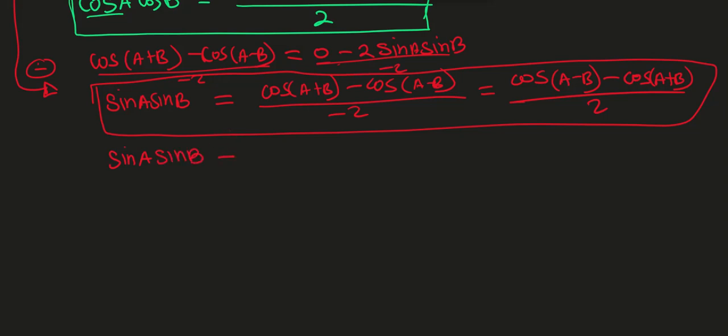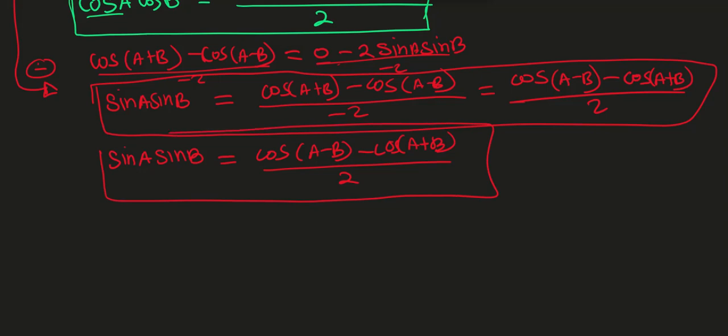Sine A sine B is equal to cos(A minus B) minus cos(A plus B), all over 2. Now this expression is useful to us right now.